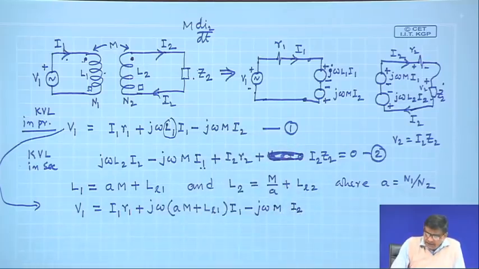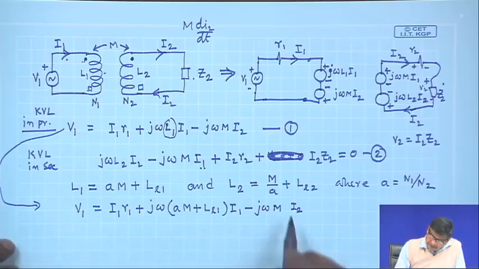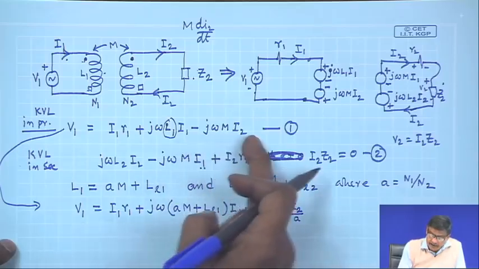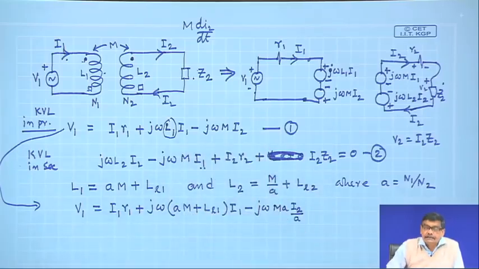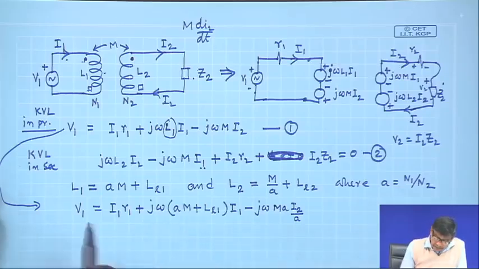What I will do is just divide by small a and multiply by a, so it remains j omega M I 2. This is the trick I have applied here. The reason will be clear why it is done.